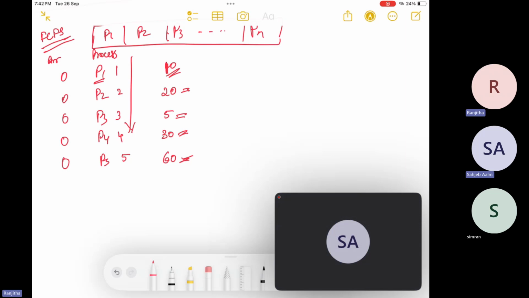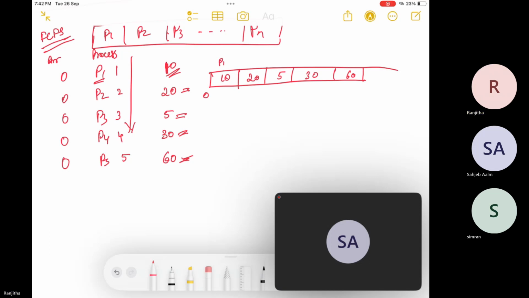If we represent this as a Gantt chart, this is 10, this is 20, this will be 5, this will be 30 and this will be 60. The waiting time for P1 is 0, for P2 it is 10, for P3 it is 30, for P4 it is 35, and for P5 it is 65. So this is how we compute it.